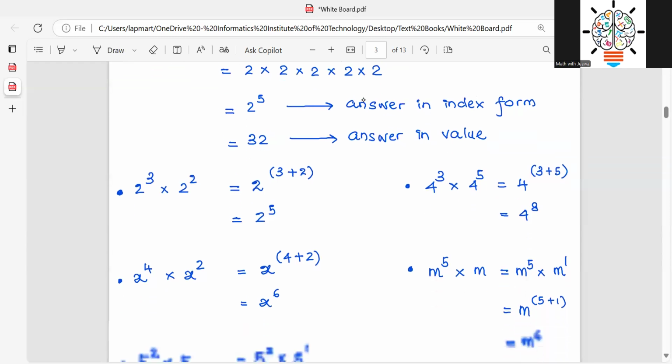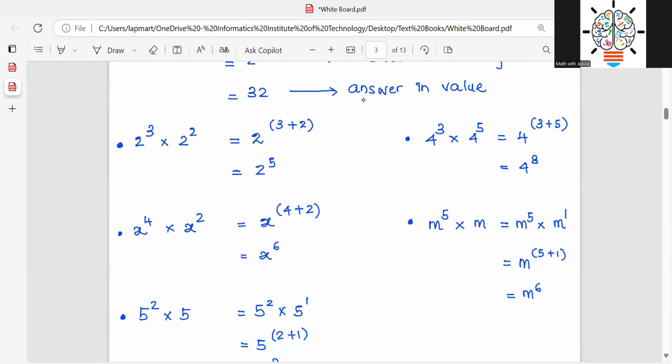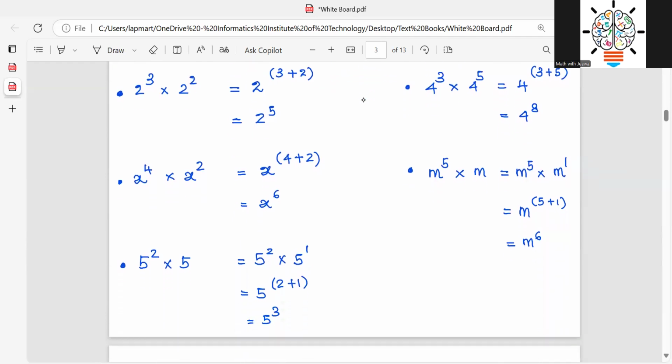So in the simple version, when you have the multiplication, the same base value, you want to add the indices. By any chance, if you come across a number that doesn't have the power, that means it is 5 to the power of 1 or m to the power of 1. Any letter or number to the power of 1, right? So you just rewrite it as 5 to the power of 2 times 5 to the power of 1.